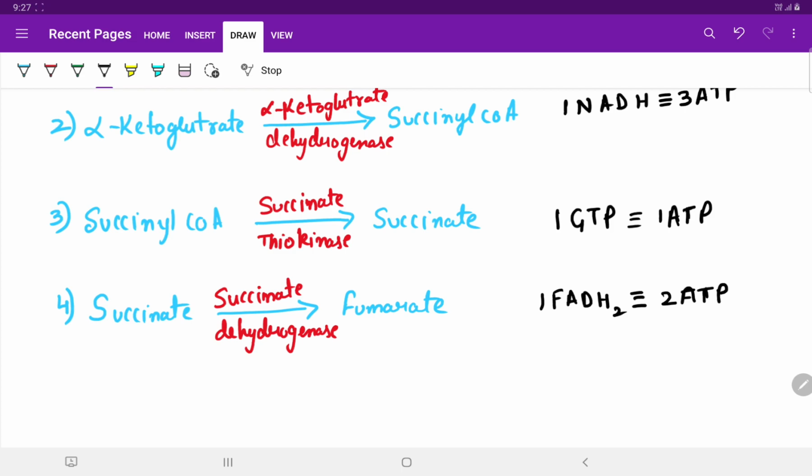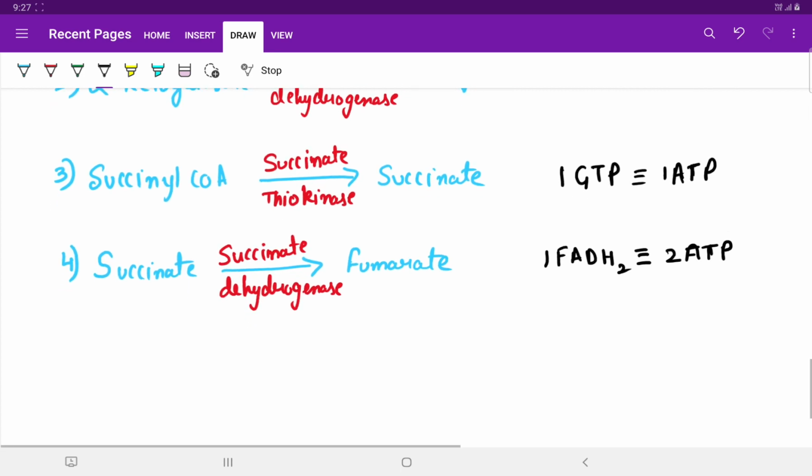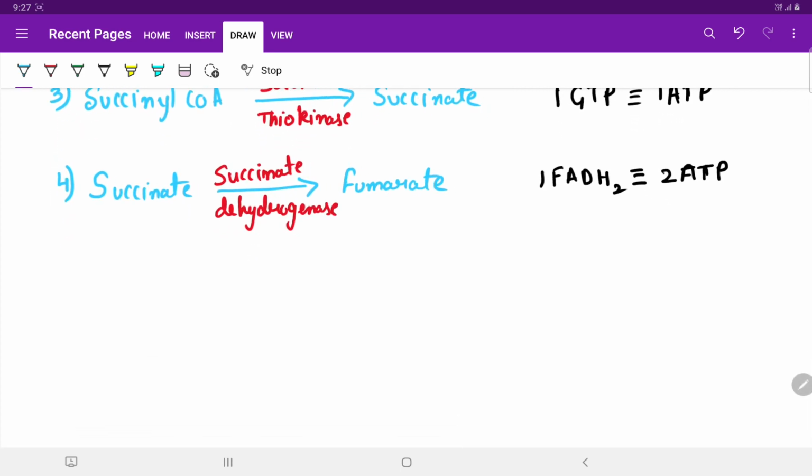And now lastly the reaction that is left for energy production is formation of oxaloacetate from malate. So in this step, malate is converted to oxaloacetate in presence of enzyme malate dehydrogenase.